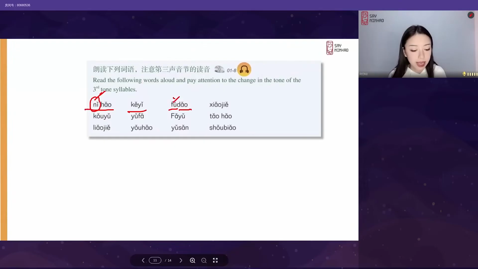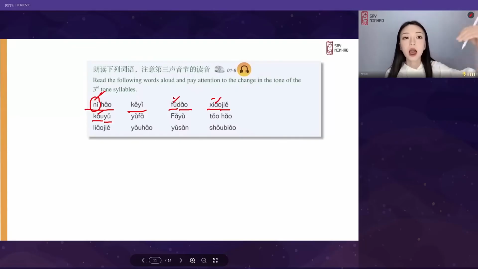Next one is 小姐. When we put them together, we should change this one to second tone. Then it makes 小姐. Read after me, please. 小姐, 小姐. Next one. 口语. So we should change 口 into second tone.